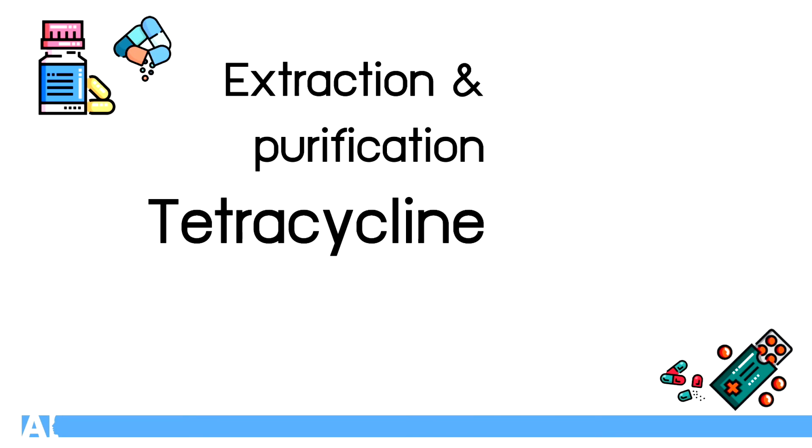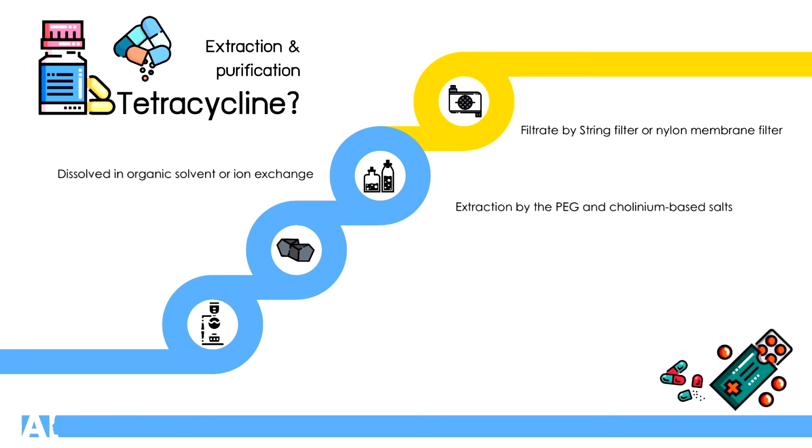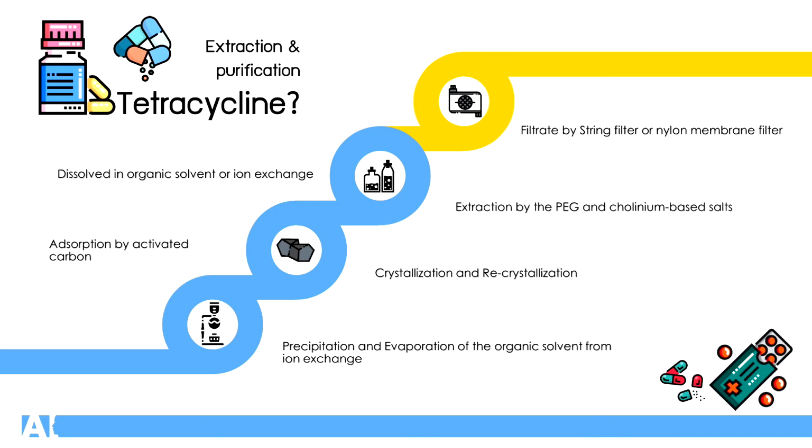Extraction and purification of tetracycline: remove and separate the fungi cells. Filter the fungi cells by a strict filter or nylon membrane filter. Extraction by polyethylene glycol and choline-based salt, which are biocompatible and biodegradable and avoid the use of inorganic salt of high organic strength.